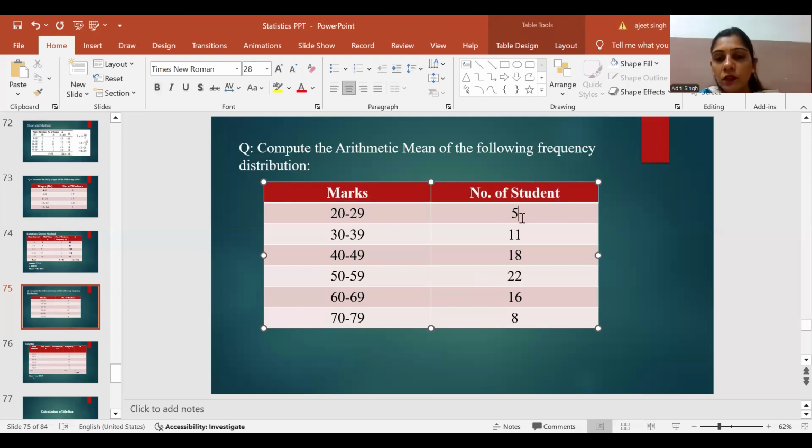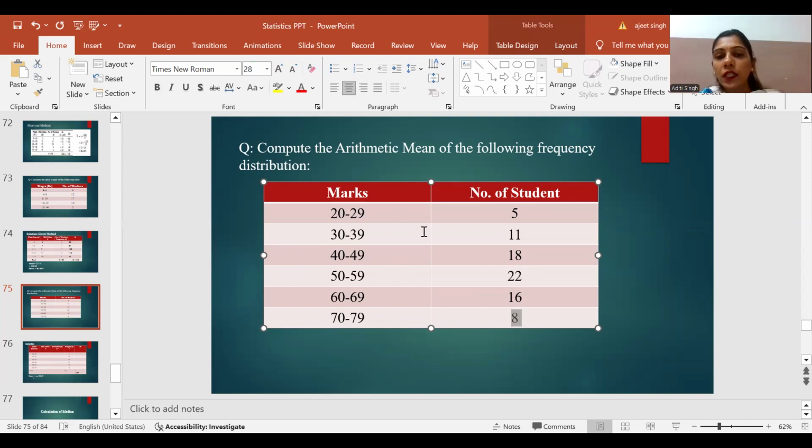So five students in a class get marks between 20 to 29. 11 students get marks between 30 to 39. 18 students get marks between 40 to 49. 22 students get marks between 50 to 59, and 16 students got marks between 60 to 69, and lastly 8 students got marks between 70 to 79.